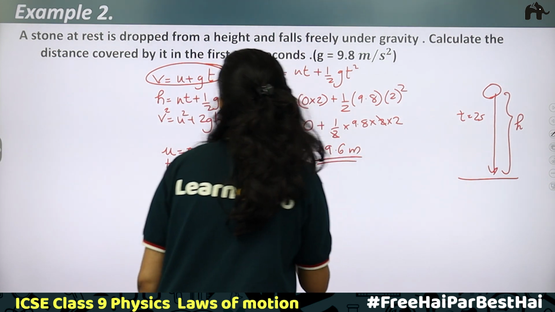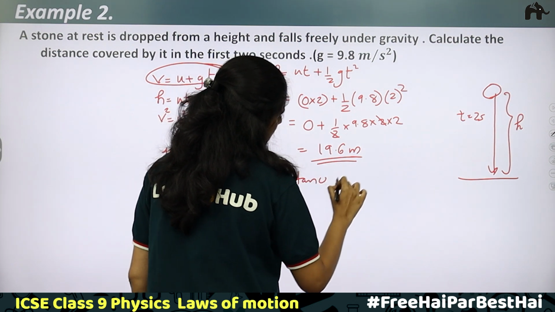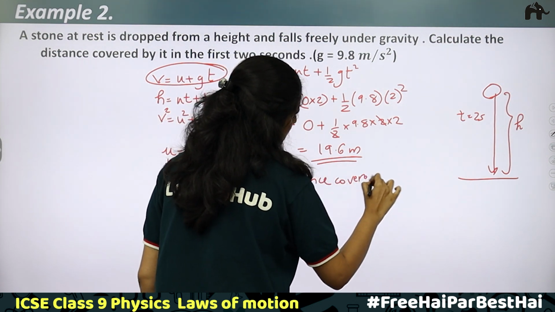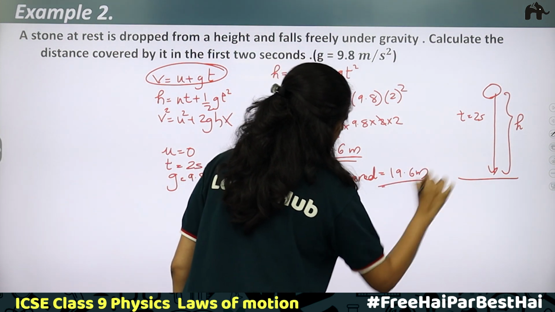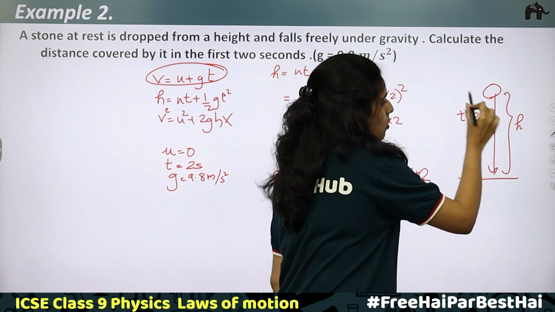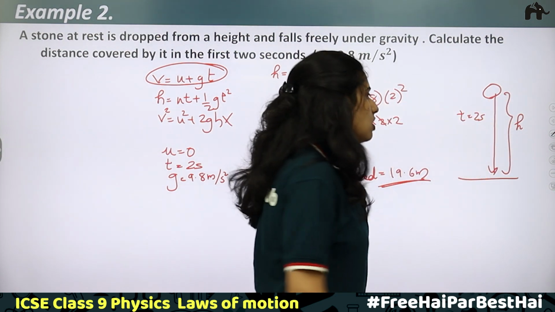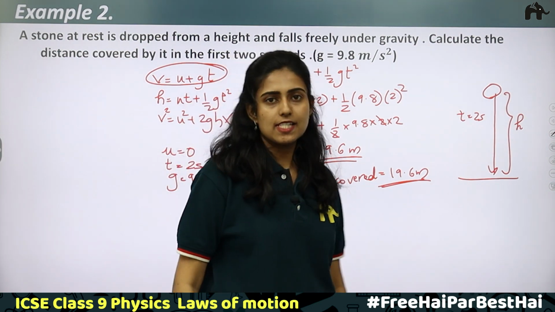So the distance covered is equal to 19.6 meters. For the stone to reach the ground, it takes 2 seconds and the total distance covered will be equal to 19.6 meters.